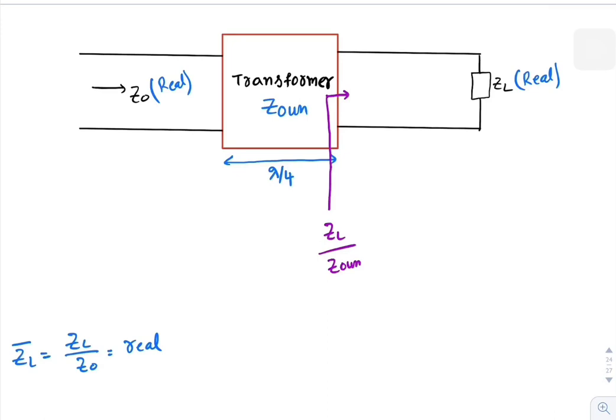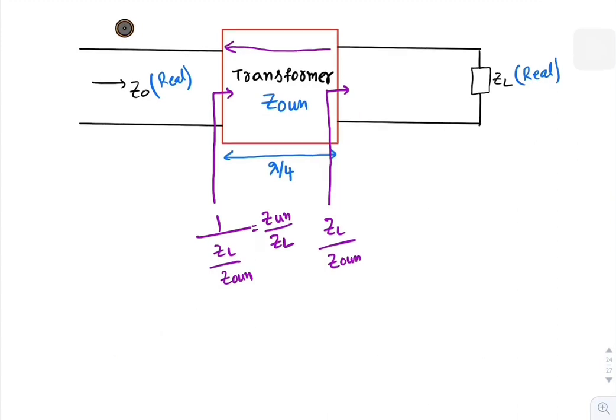That means if you travel a distance of lambda by 4 towards the generator, the impedance at this point is 1 by ZL by Z0 unknown, which is equal to Z0 unknown by ZL. Now if you only see this part of the diagram, that means the transmission line along with this transformer, in order to match the transmission line with the transformer, the impedance offered by the transformer, which is equal to Z0 unknown by ZL, must be equal to Z0.